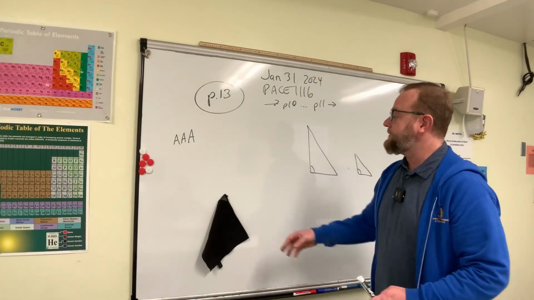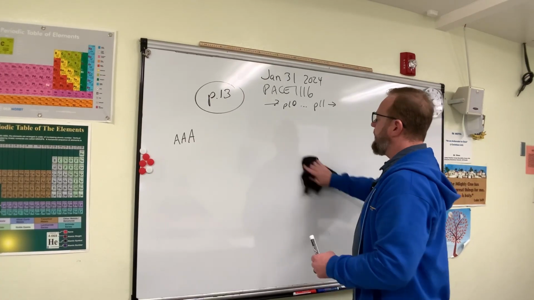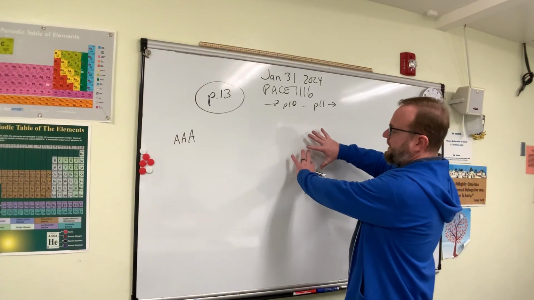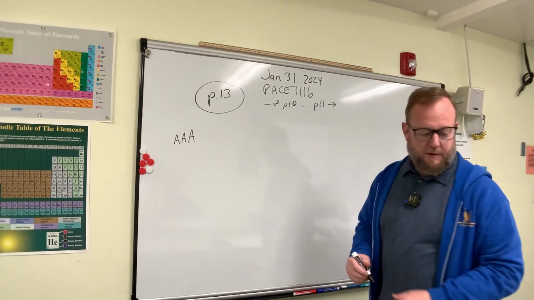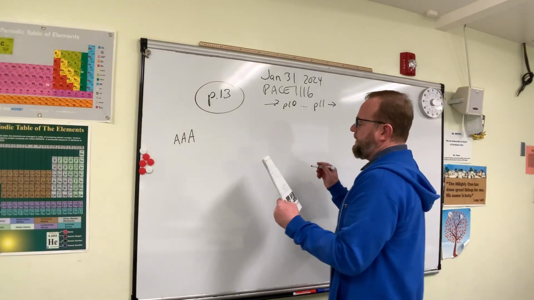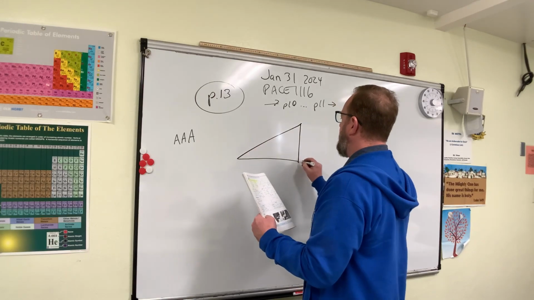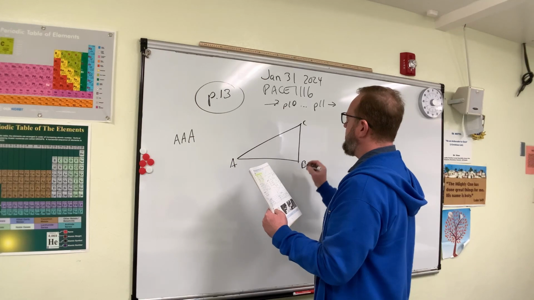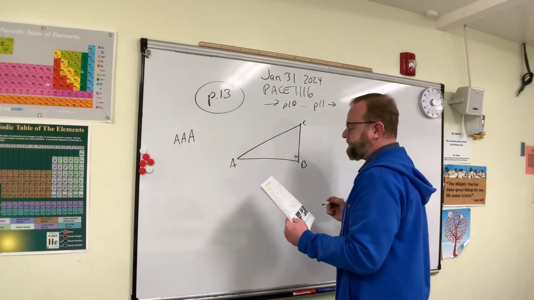has triangles drawn on top of each other. Now, what do I always recommend when you have a problem like that where the triangles are drawn inside each other or on top of one another is separate them out. Draw them separately. So that means draw it out where you have A, B, and C, and they wrote 90 there for you.